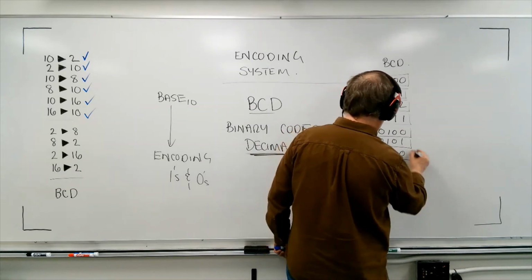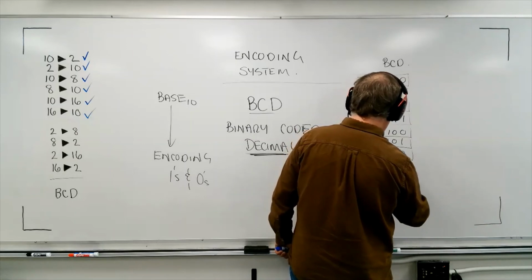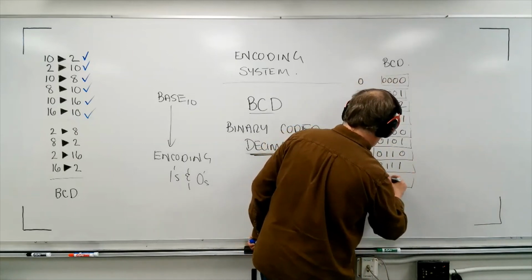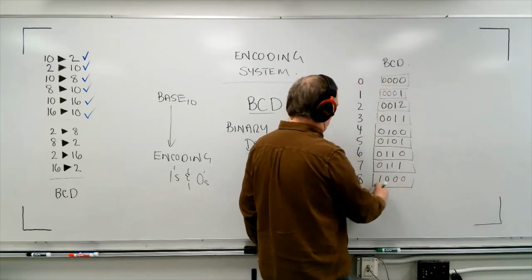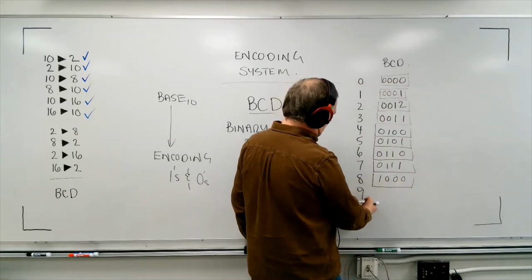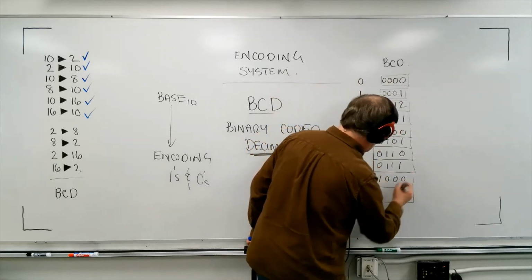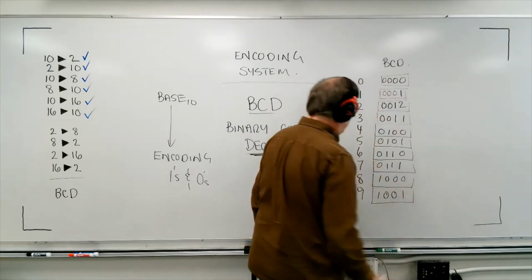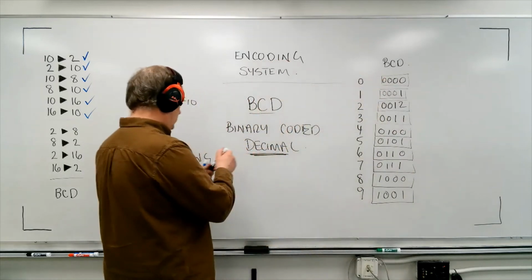That's 6. This is going to be 0, 1, 1, 1. This one is going to be 1, 0, 0, 0. And now you know why we need 4 pieces of code: to get up to 8 and 9, you need the whole 4 spaces. And so 9 is 1, 0, 0, 1. These pieces of information are strung out in a chain.